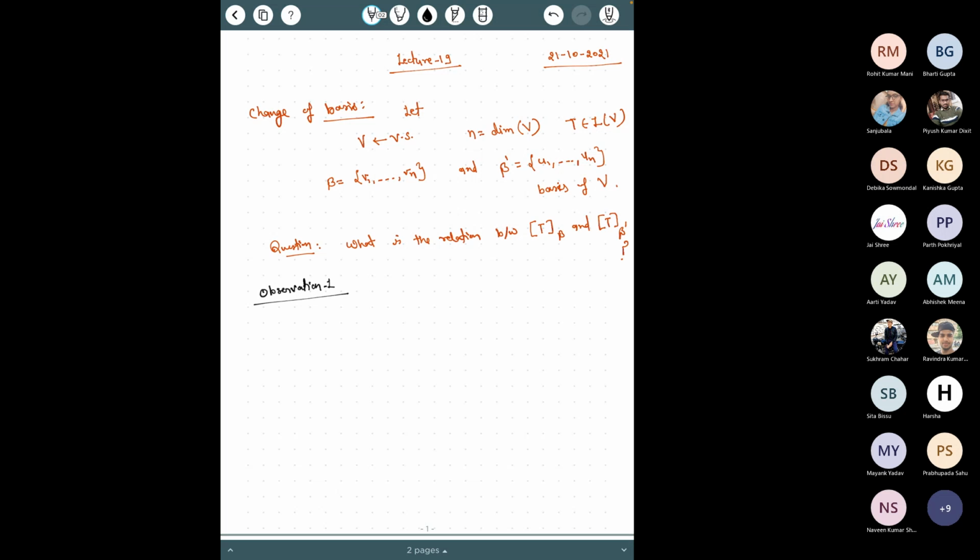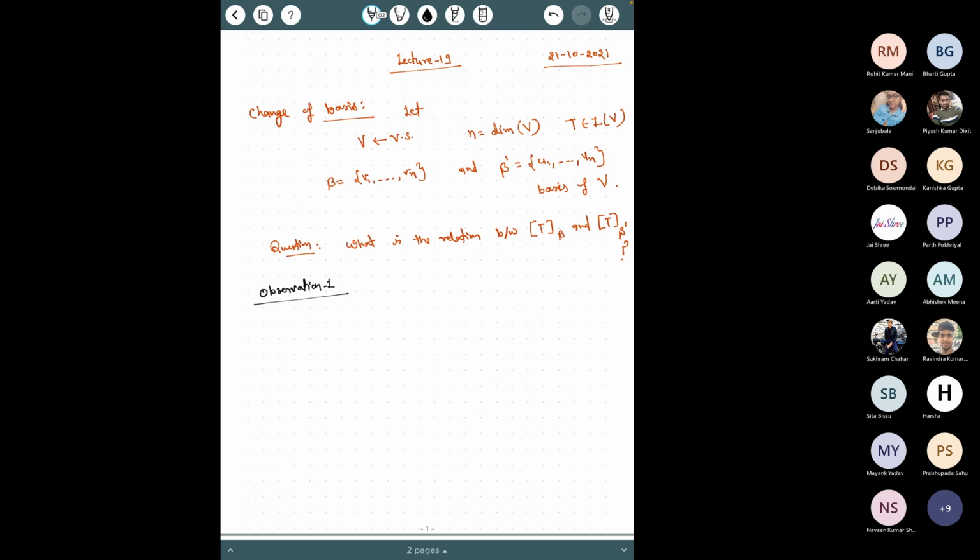That I can do, right? Because these are vectors in V, and here also they are vectors in V. So I'll start writing these Vi's in terms of these Ui's. This I can do because this is a basis and these vectors belong to V. So I can write each of these Vi in terms of the Ui.